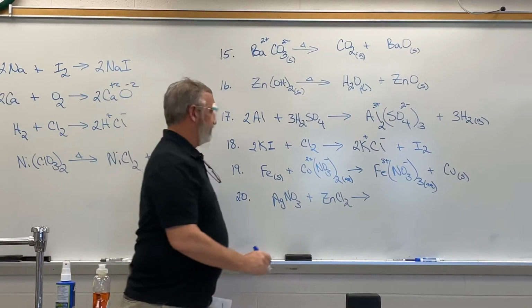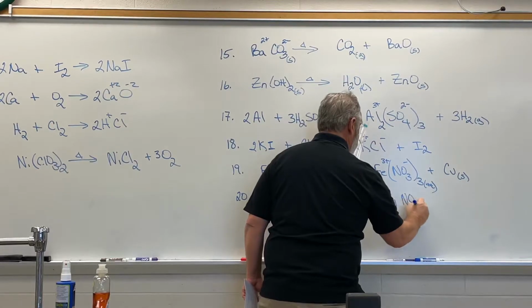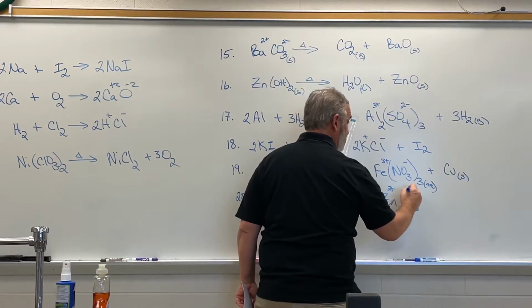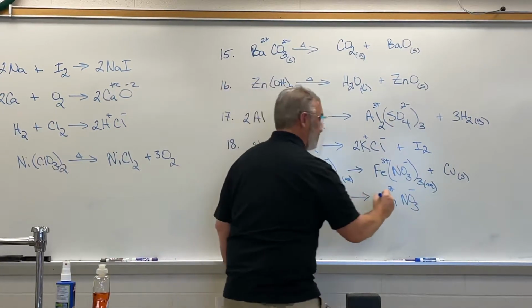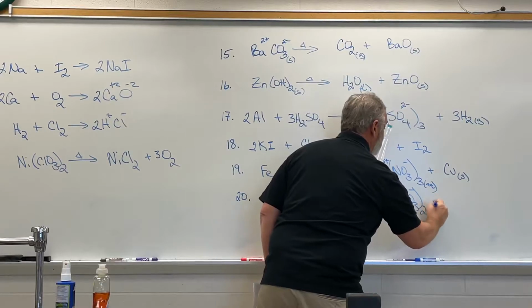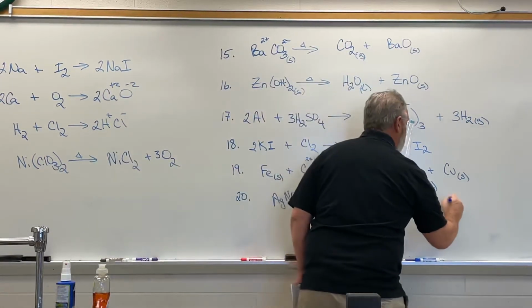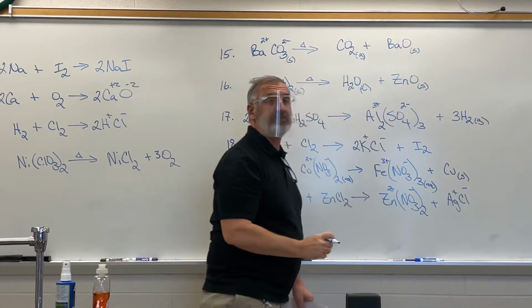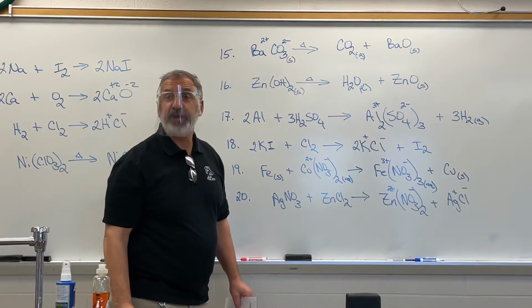Zinc nitrate, but again, zinc is what charge? 2 plus, nitrate is 1 minus, so the formula is going to be Zn(NO3)2 plus Ag, which is plus, and Cl minus, so AgCl. Don't carry the subscripts, balance charge first.